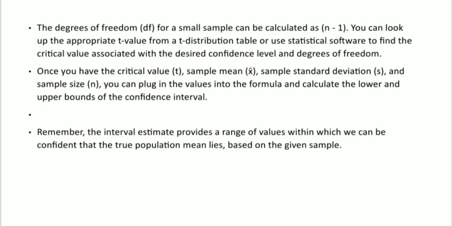Remember that the interval estimate provides the range of values within which we can be confident that the true population mean lies based on the given sample. And this is the way to calculate interval estimation based on the sample mean when sigma is unknown.